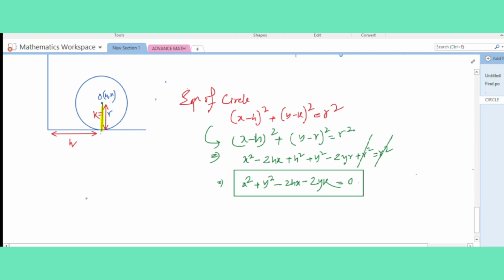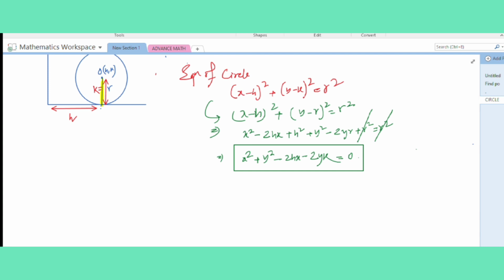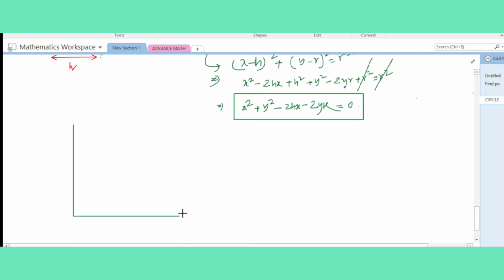Now if it touches the y-axis, then the figure will look like this. Here this one represents the center, and this is O having the coordinates (h, k).